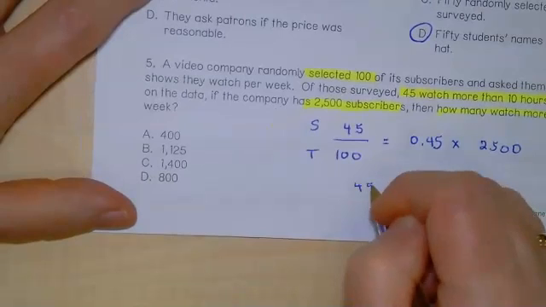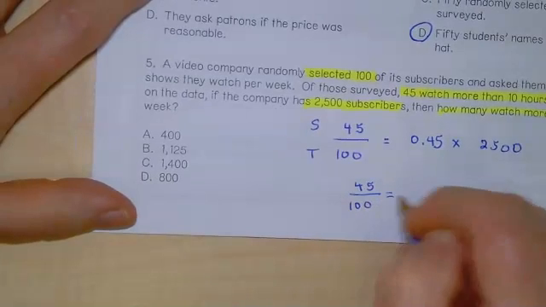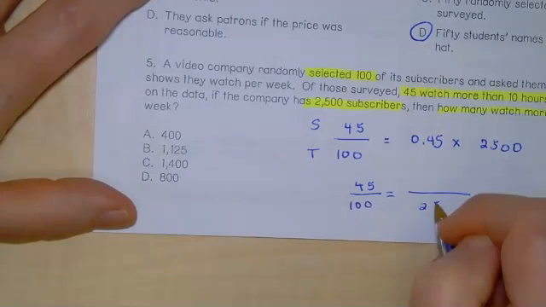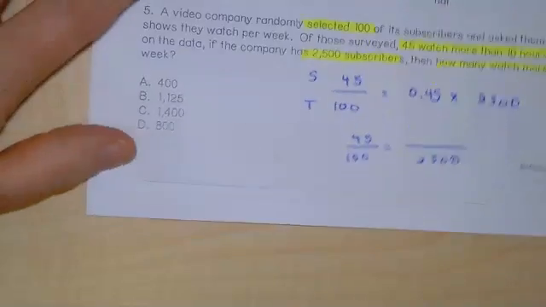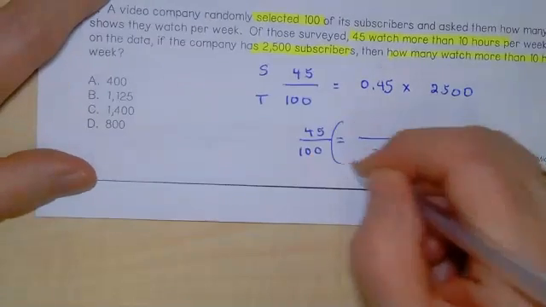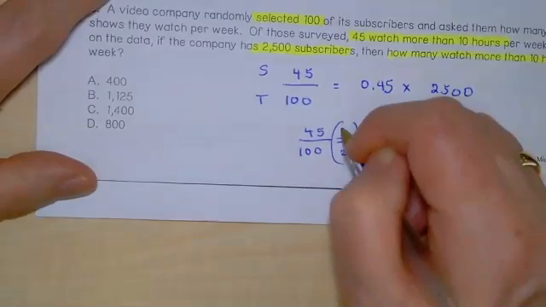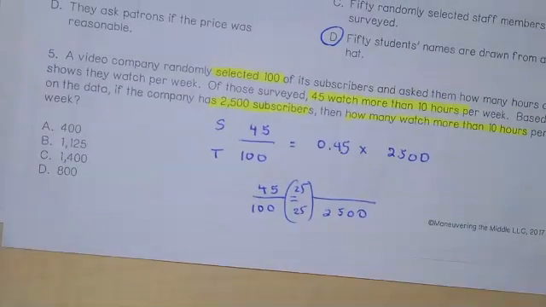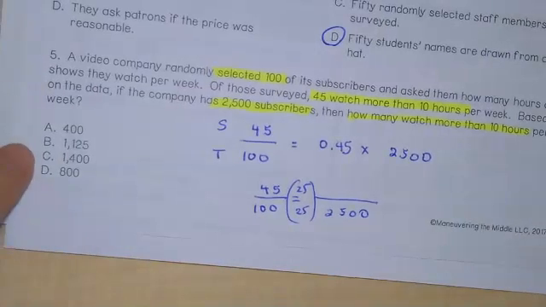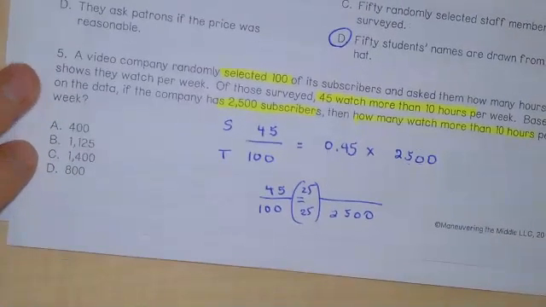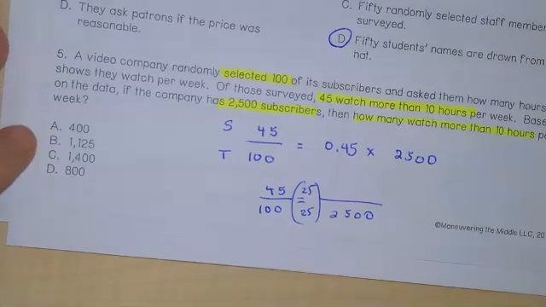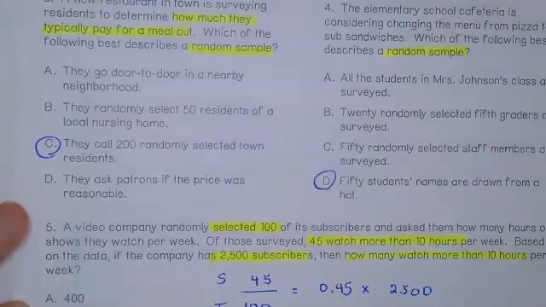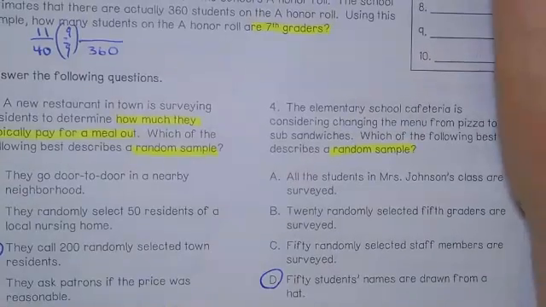Set up a proportion. 100 times, and this would be 25 to get the answer. So both ways work, and the correct answer is, Kayla? 1,125. B. She said B.